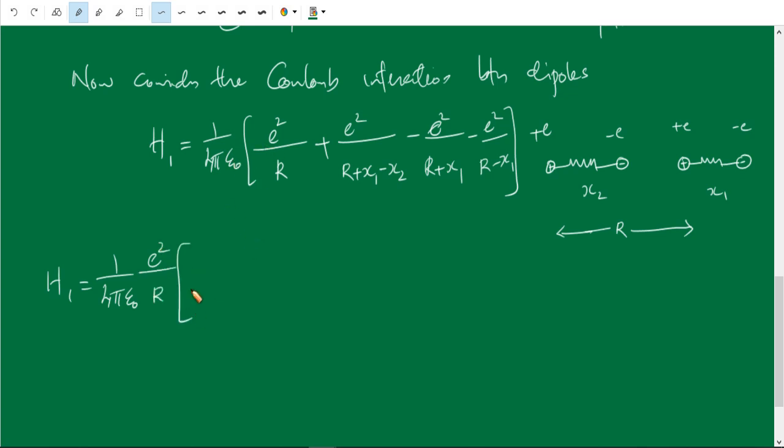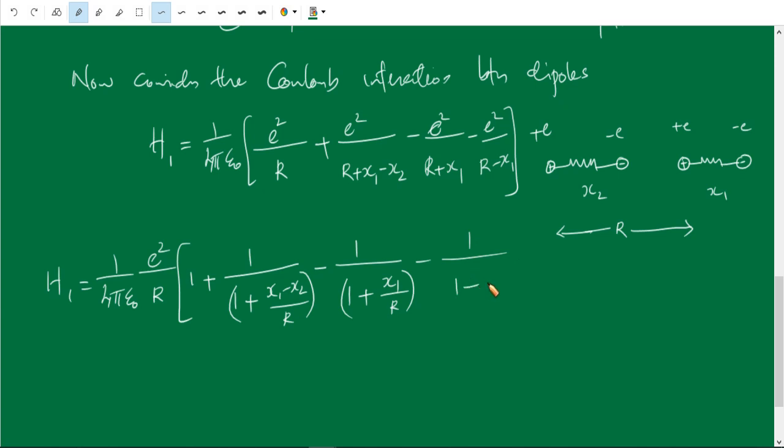The first term will be 1 divided by 1 plus x1 minus x2 divided by r, minus 1 divided by 1 plus x1 by r, minus 1 divided by 1 minus, sorry, this is x2 actually, x2 divided by r.